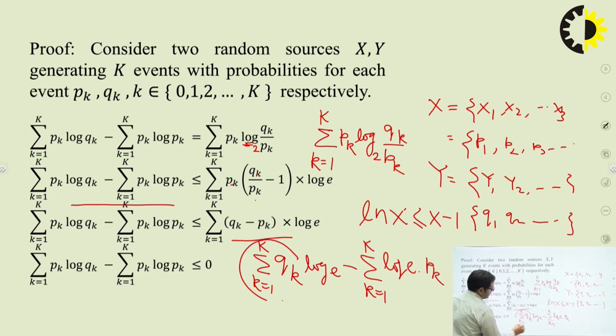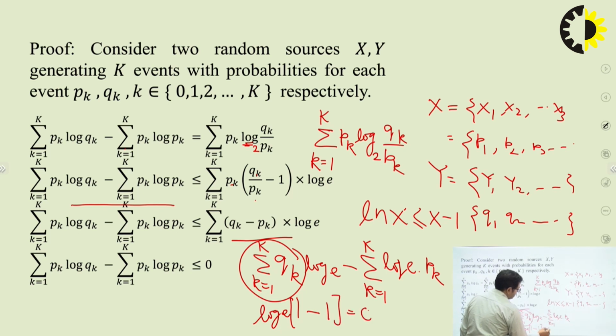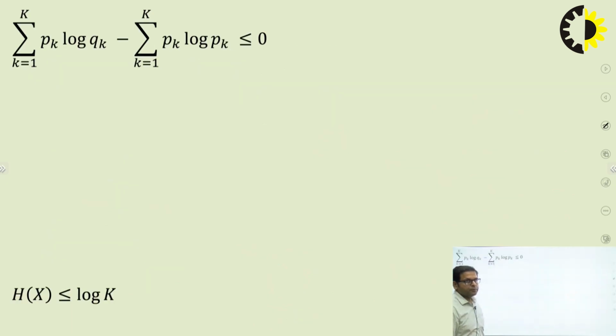So, this whole quantity is 1. We can say log e into (1 minus 1), and this equals 0. So, we have found that this quantity is less than or equal to 0.